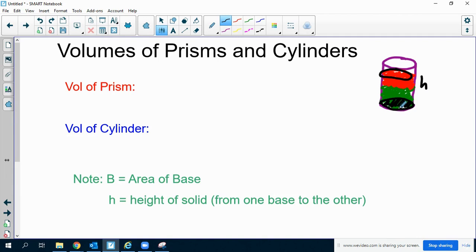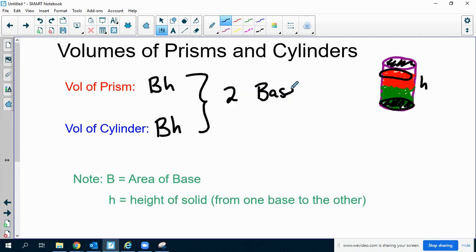So the area of the base essentially gets multiplied by the height, and I'm stacking up a bunch of bases all the way until I get to the top. So the volume formula is taking the area of the base times the height. And that's true for both of these base shapes. So anytime I have a simple base shape, it's area of the base times the height of the solid.